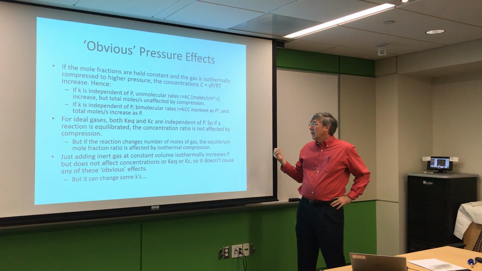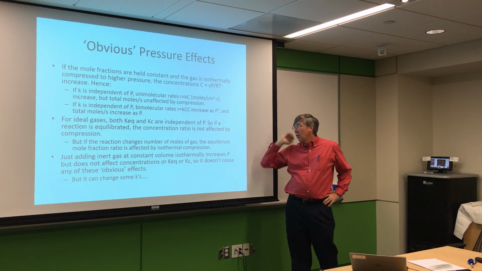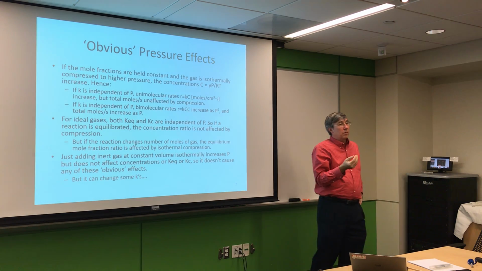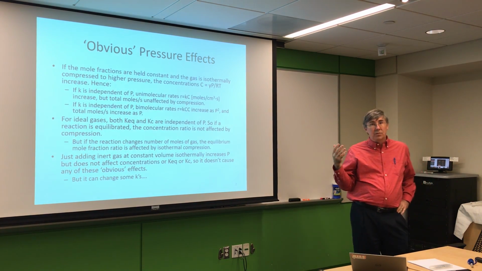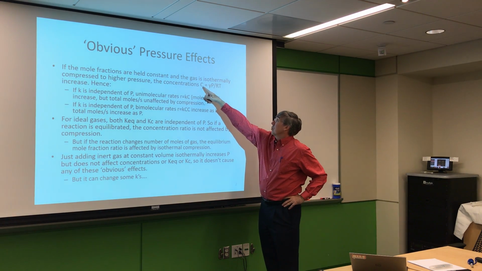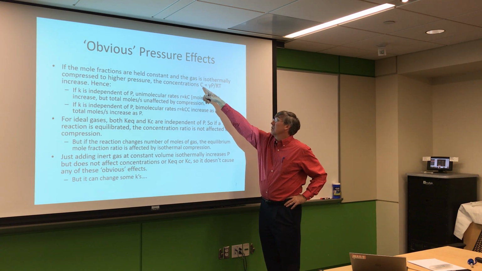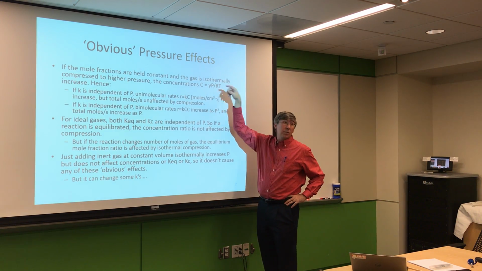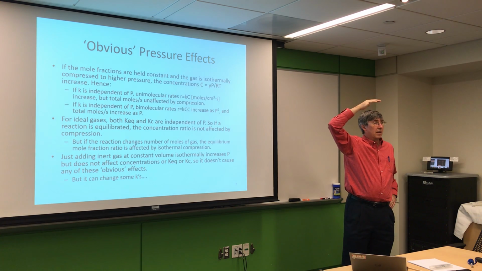However, if the reaction changes the number of moles of gas, and you wrote your equilibrium expression in terms of mole fractions, that would change with pressure, because the mole fractions are related to concentrations by a pressure. So if the concentration ratio stays the same, the mole fraction ratio can't stay the same if you change the pressure, if the number of, say, products is bigger than reactants.